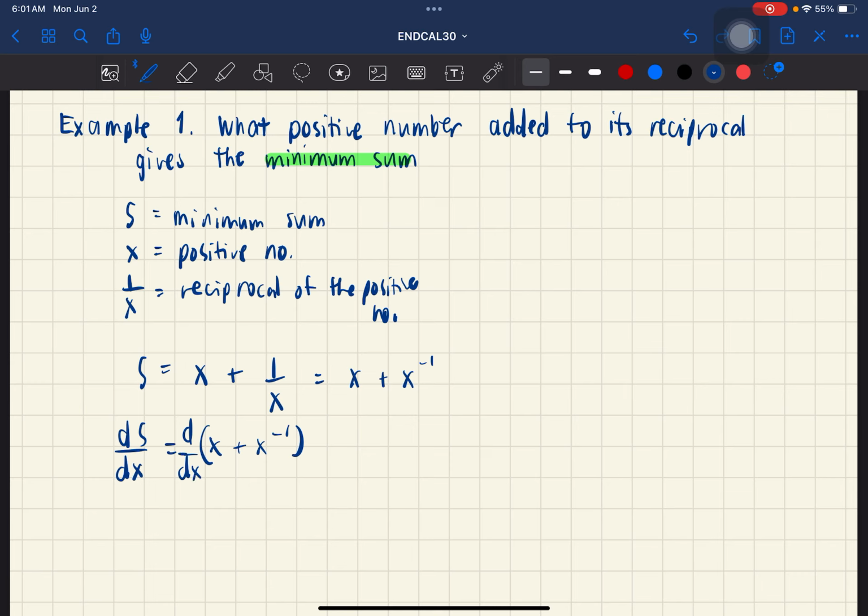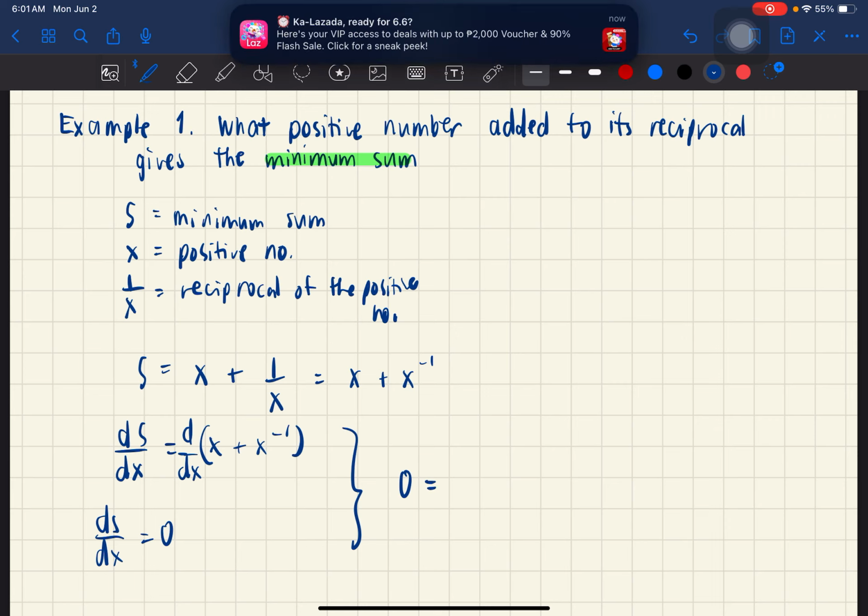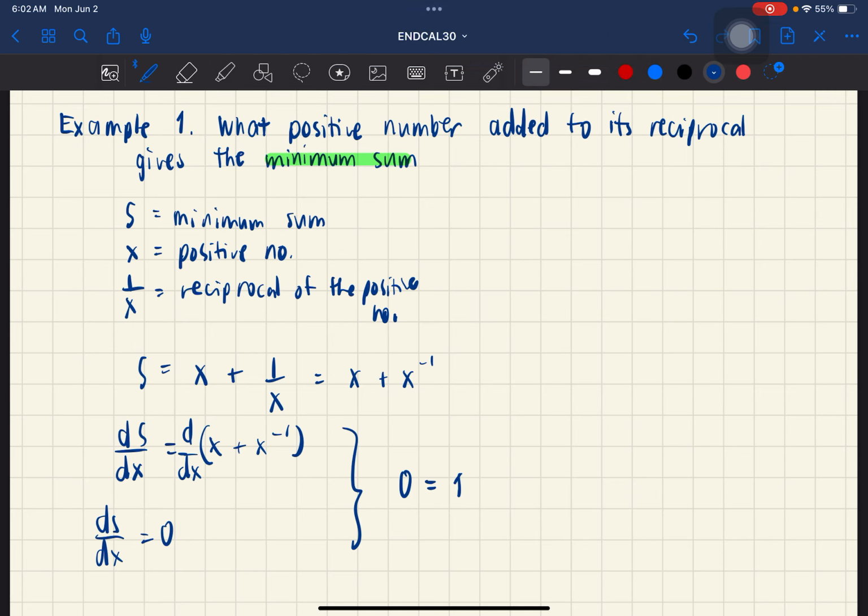So for S to be a minimum, we need to have dS over dx equal to 0. So we will equate it to 0, but we'll derive this first. So this will be 0 is equal to the derivative of x plus x raised to negative 1. The derivative of x is 1, and then the derivative of x raised to negative 1, power rule, negative 1, then x raised to negative 1 minus 1.